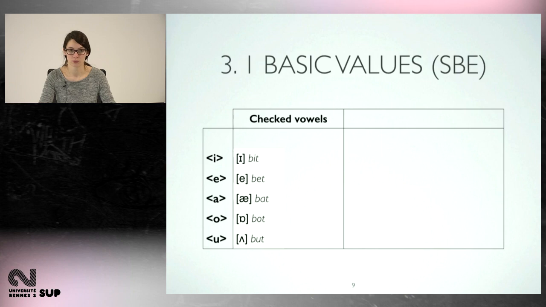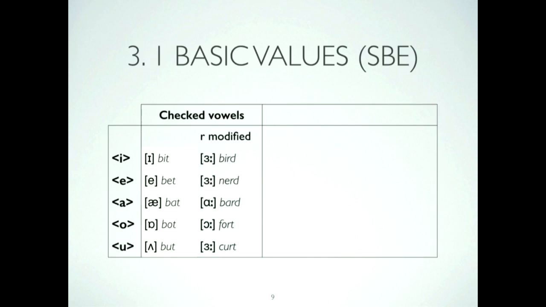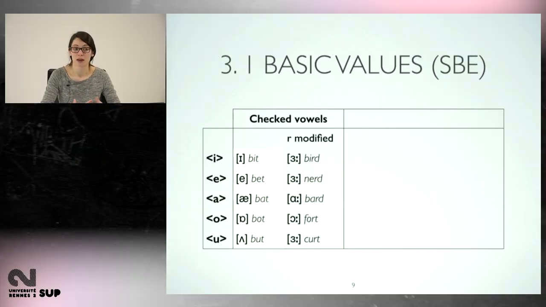Now, as for digraphic vowels, which, as we've seen before, sometimes have value modified by R, checked vowels also have an R modified value, and these are exemplified in the following words. So in bird, you have the checked R modified value of the vowel I, which when R modified, that is when followed by the consonant R, is realized as the vowel in bird.